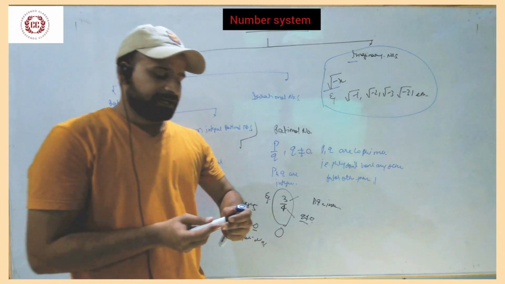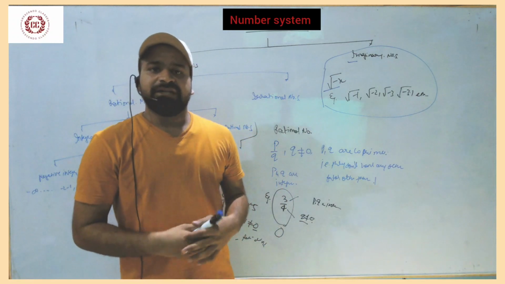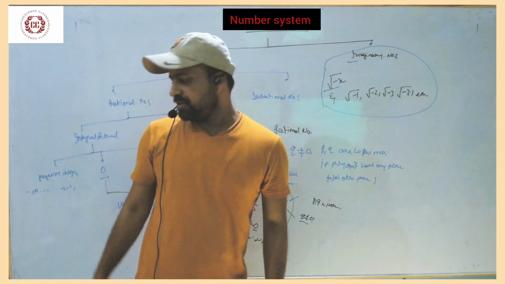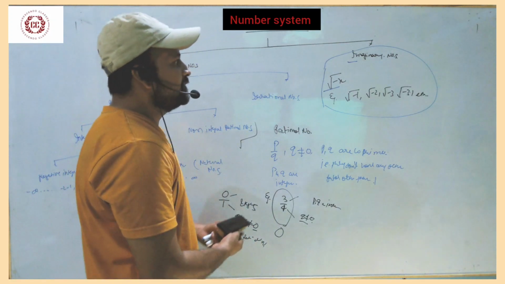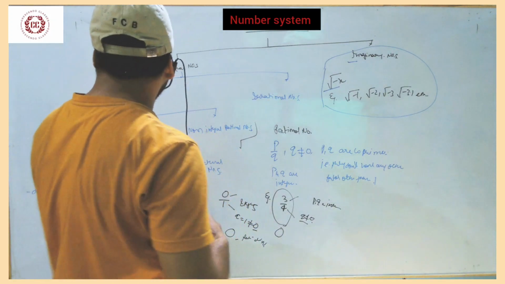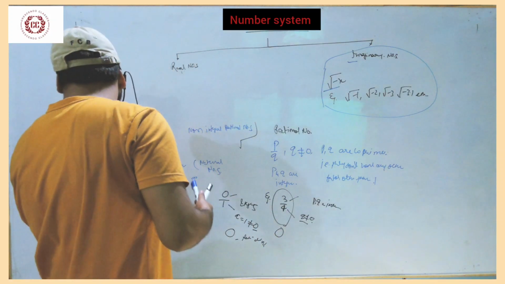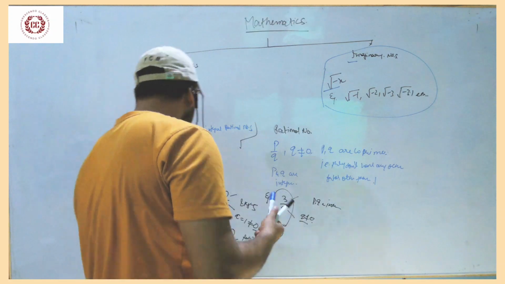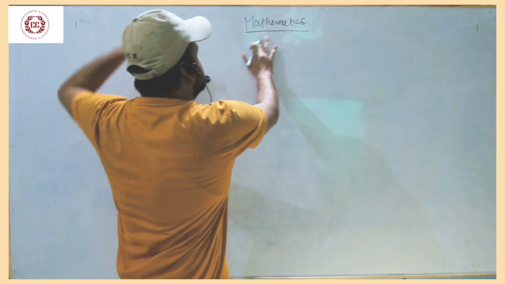Now we will be studying how, generally, we are asked to find rational numbers between any two numbers. Firstly, we learn how to find rational numbers between two rational numbers.